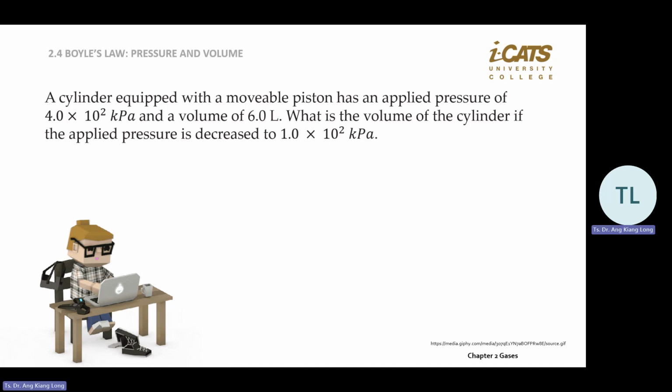Before that, let me give you some recap of conversion, liter into meter cube. 1 liter equal to 1 multiplied 10 negative 3 or 0.001 meter cube. 1 liter equal to 10 power 3 cm cube.